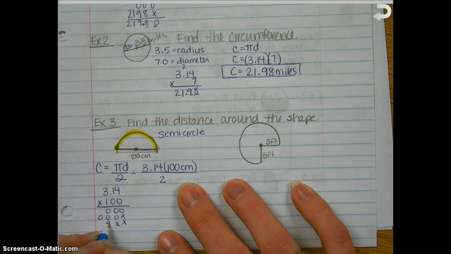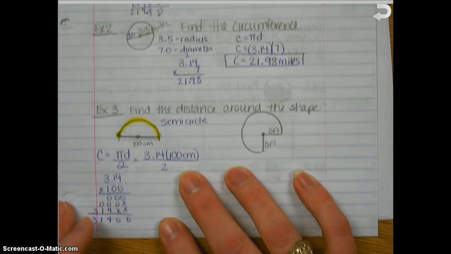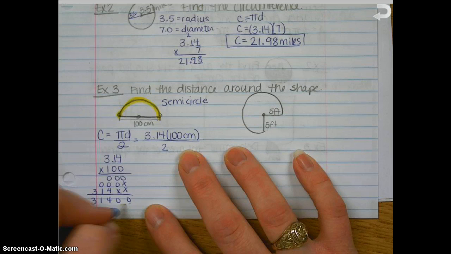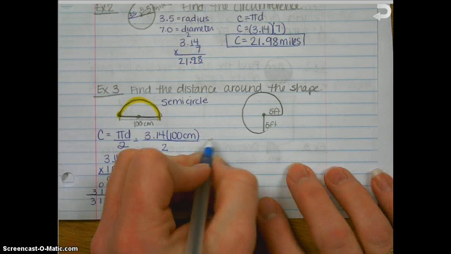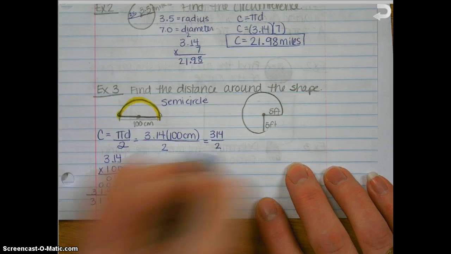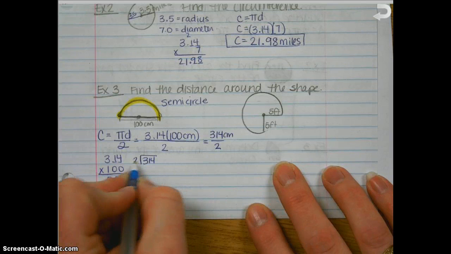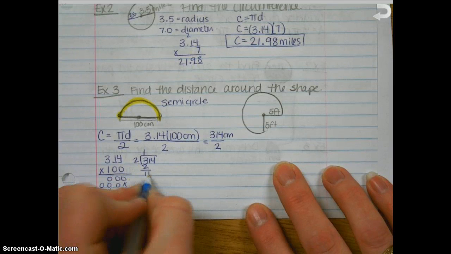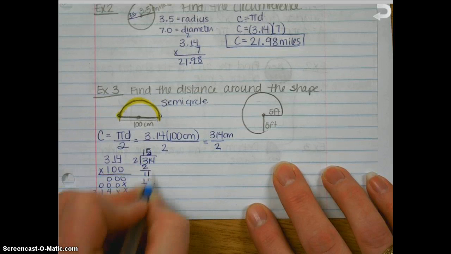That would be 314. I have 2 decimal places up here, 2 down here. So that's 314. And now I need to take 314 and divide it by 2. 5 times 2 is 10. 1, bring down the 4.